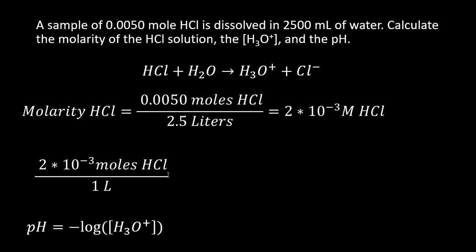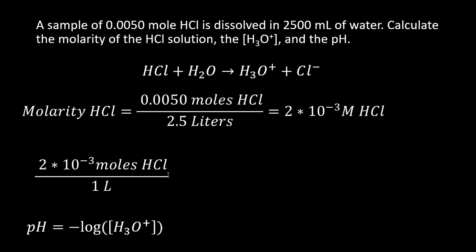And this is going to be similar to our mole to mole calculations that we've done for stoichiometry. Let's look at our top reaction. HCl reacts with water to form hydronium ion and chloride ions. And in this particular situation, the reaction is already balanced.